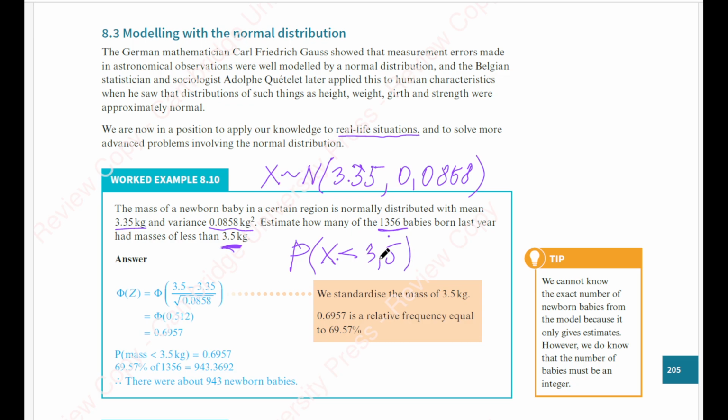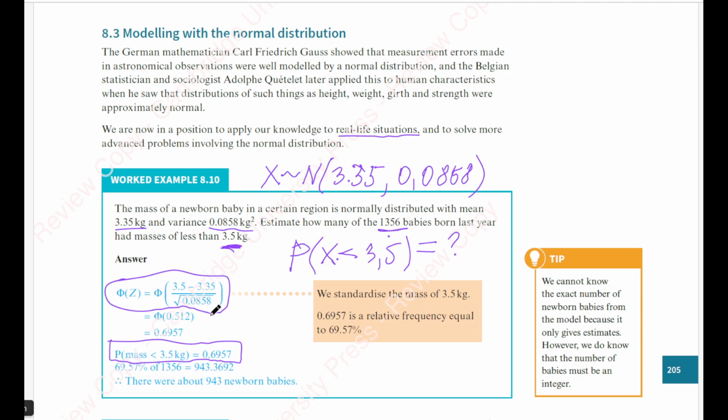And you can see that here we have to find that, and this is how we found it. We need to standardize because we know the function phi, which can be standardized. You already know how to find those functions in the table, so I will not refer to that.